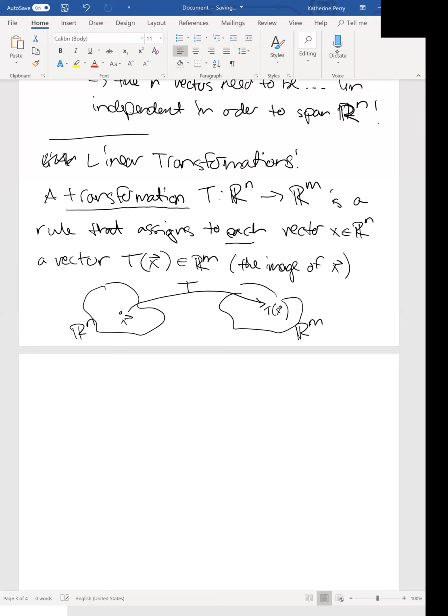Okay, and so we talked about last time, recall, when I have the transformation T of x equals A of x for a matrix A, this is what's called a matrix transformation.